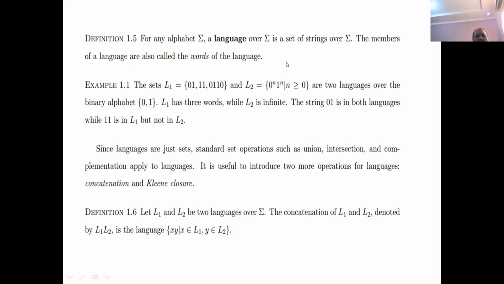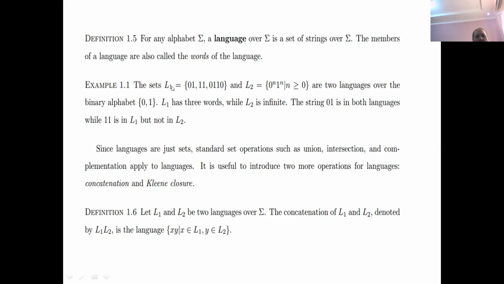It means a non-empty sign that can be created from this alphabet. These are words of the language.